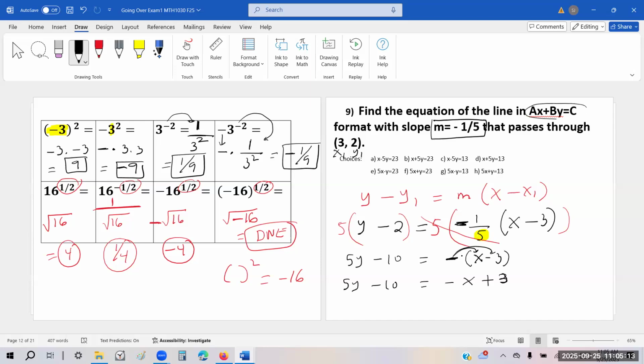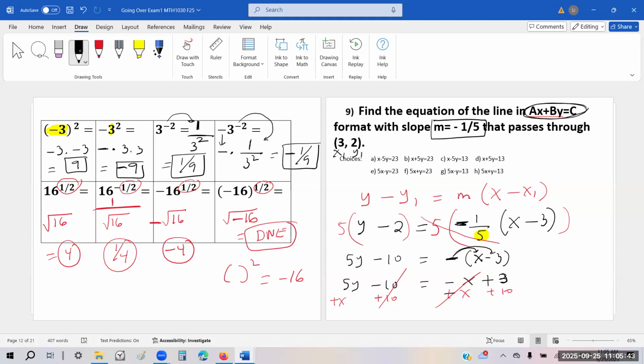But here it says you have to bring x and y together and all the numbers together on the other side. So you need your x to be next to the y. So there will be no x on the right side. And you also don't want the number on the left side. So you add 10. So there will be no number on the left side. You can do it in 2 steps or you can do it in 1 step.